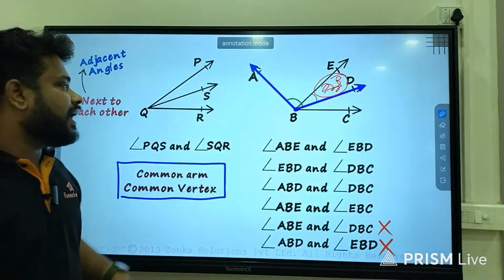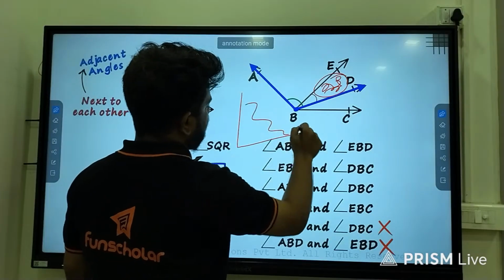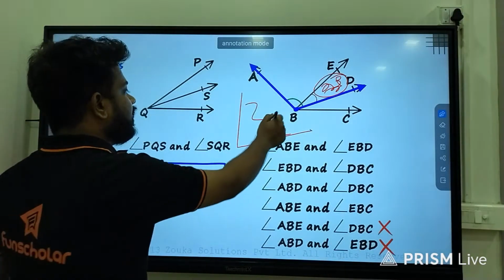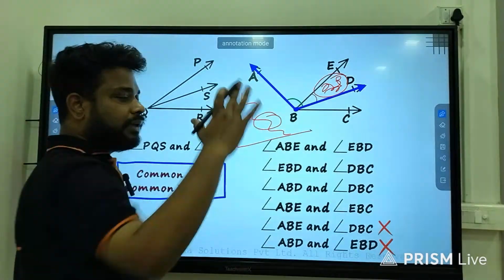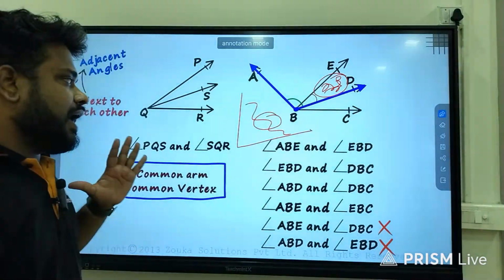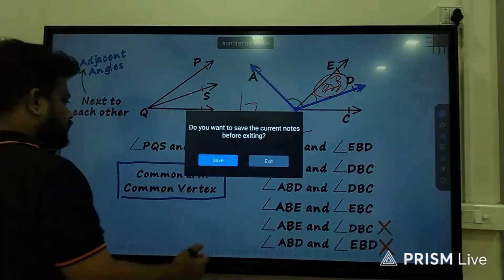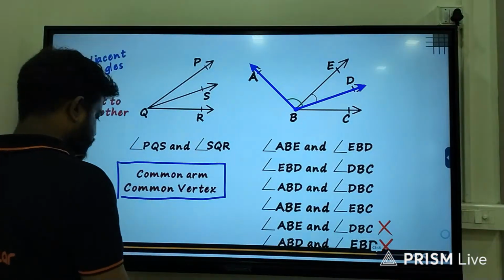So they are not making a complete angle here, or they are making the same part twice in an angle. So that's why they won't be considered as adjacent angles. Okay, so let's go further.